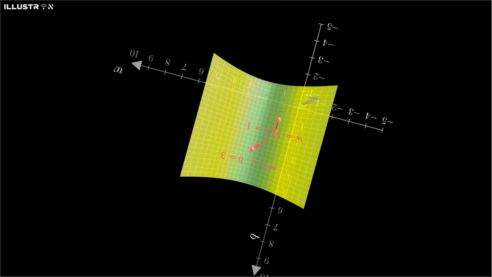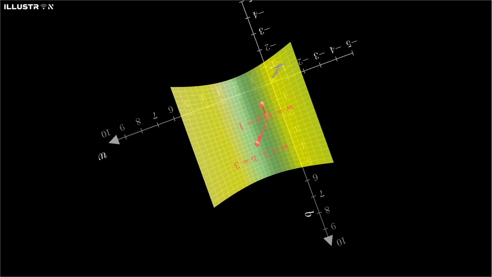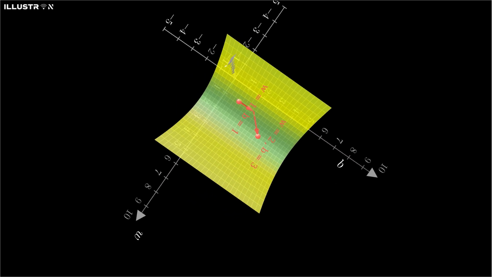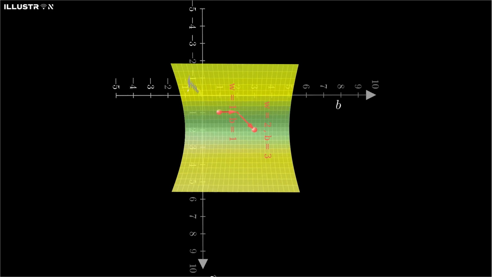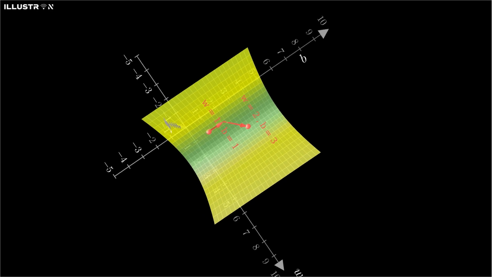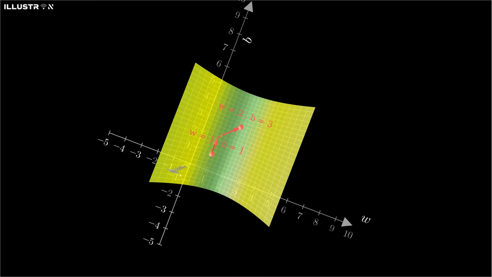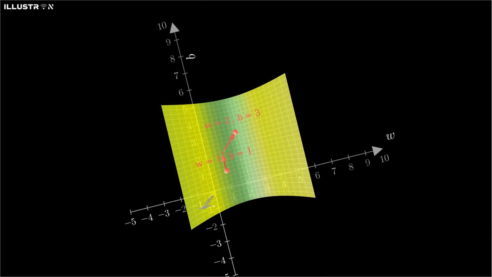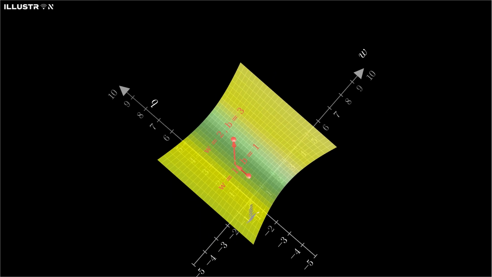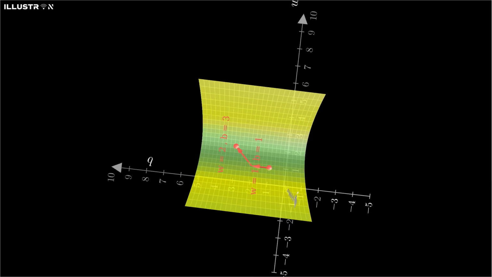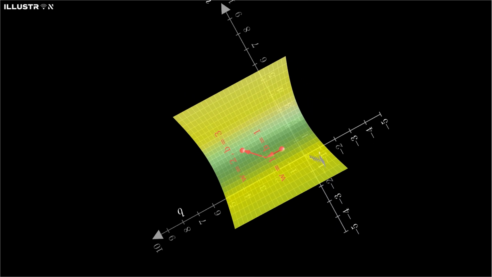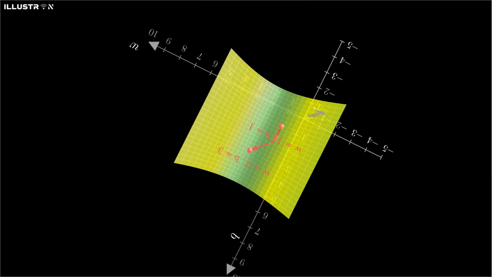As we continue taking these steps, we gradually approach the lowest point on the surface. This point is W equals 2 and B equals 3. By visualizing the process in 3D, we can better understand how gradient descent works and why it's an effective optimization technique.